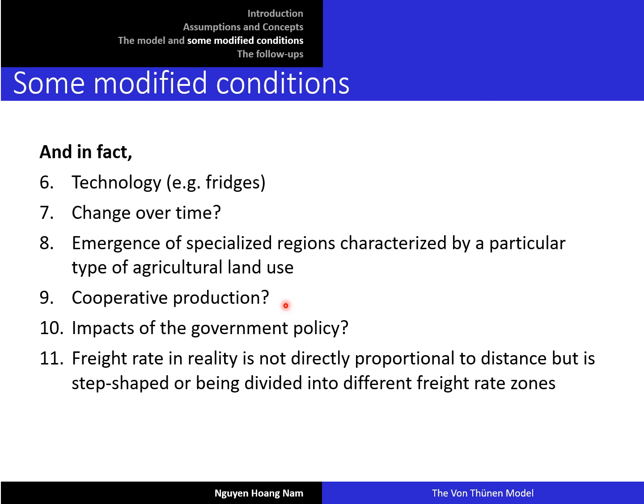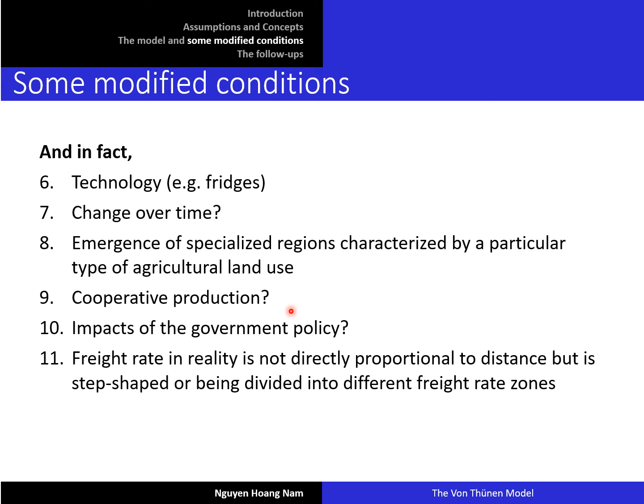Cooperative productions. So one crop might affect the other crops as well. If you put crop A next to crop B, it might be that crop B would be better than if you put crop C next to crop D, for example.